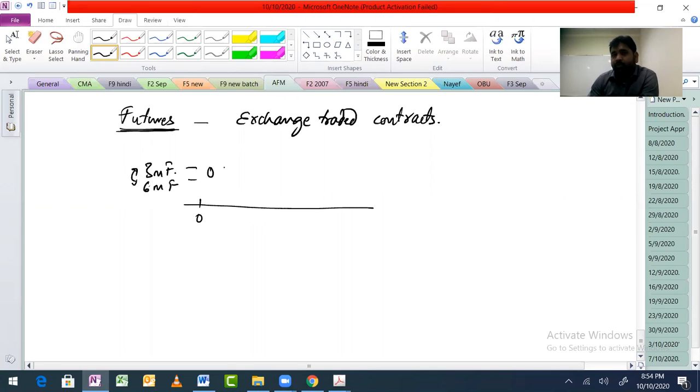Because these are over the counter trades, meaning two people sat down and fixed the deal. And these contracts are mandatory deliverables. You cannot cancel these contracts. Like how can you cancel a contract? See, what are the options of canceling the contract? Forward contract I'm talking about.